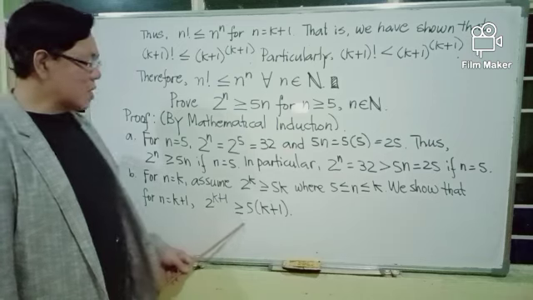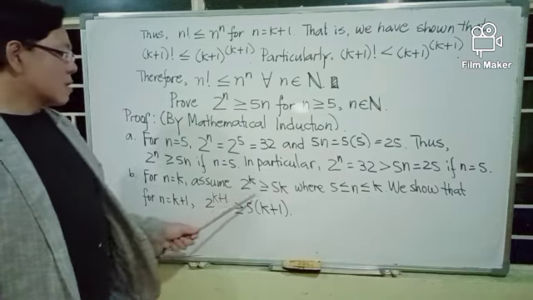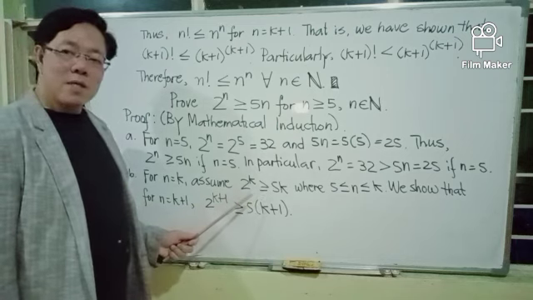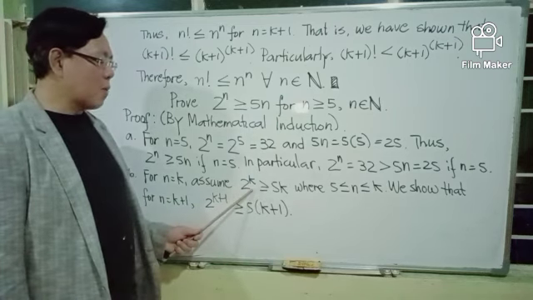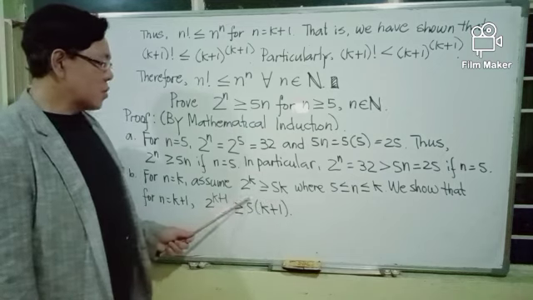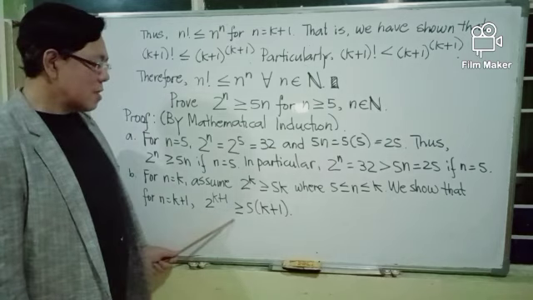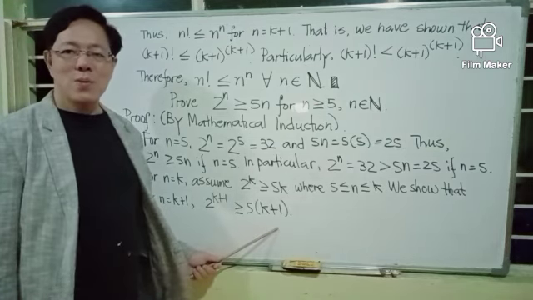And we will prove that this inequality is true using our induction hypothesis, 2 to the power k greater than or equal to 5k. We assume that this is true, and we will use this to prove that this inequality is also true.